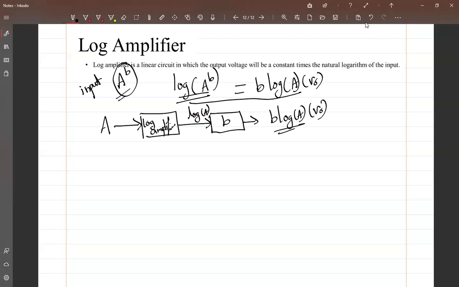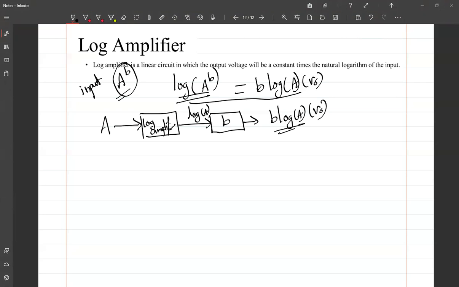Log amplifiers and anti-log amplifiers are used for multiplication or division, signal processing, signal compression, finding roots and powers of the signals, compression and decompression of signals, and RMS, root mean square value detection.